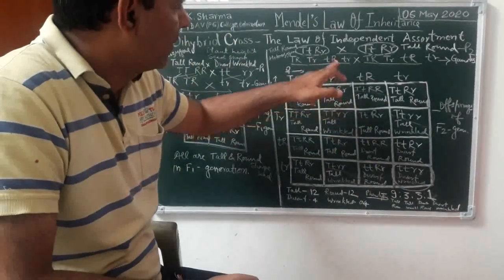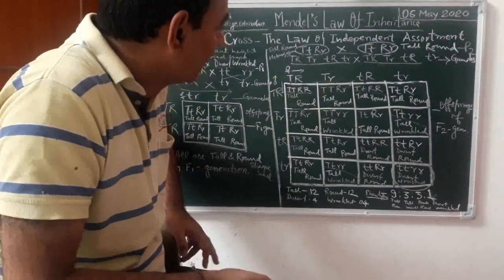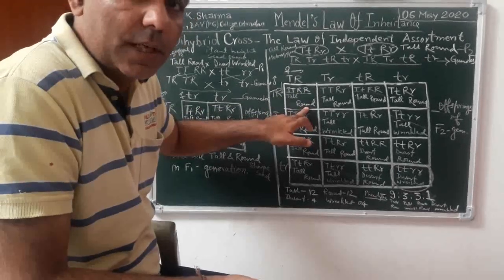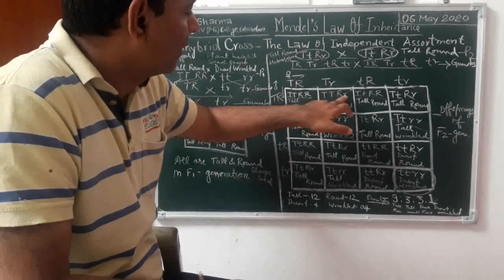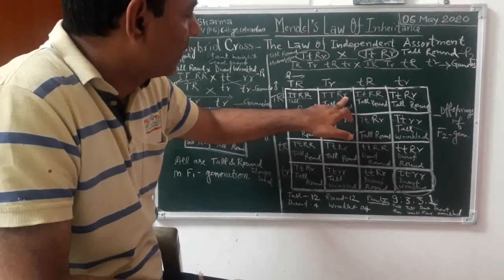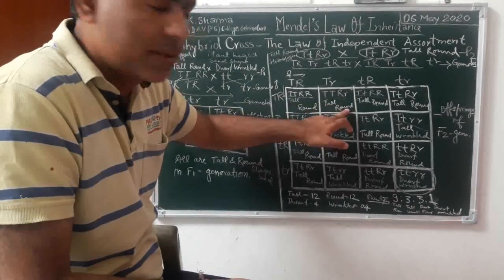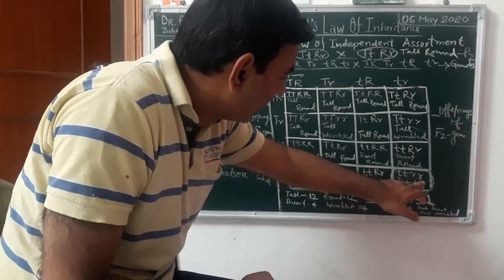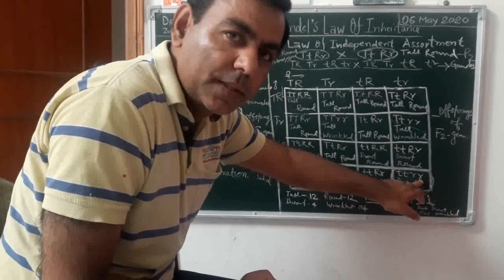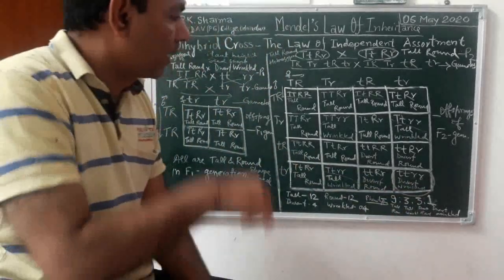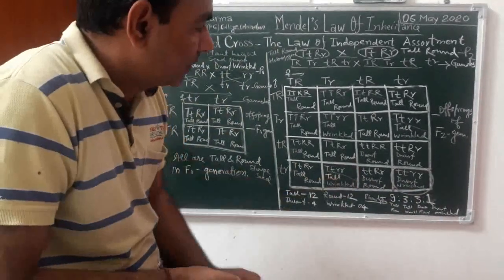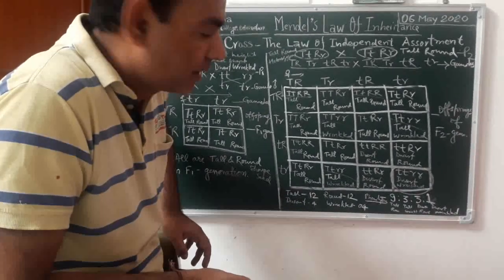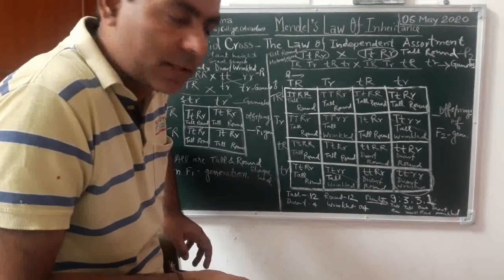In the same way, for seed shape, if round is present with round, the expression will be round. If round is present with wrinkled, the expression again will be round, while if wrinkled is present with wrinkled, the expression will be wrinkled. The recessive gene can only express in homozygous condition.